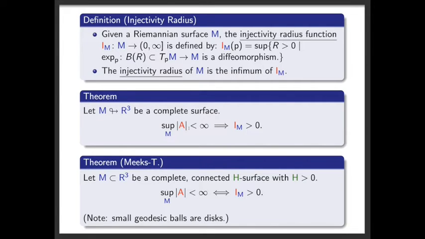Meeks and I proved that if M is a complete connected H surface with H bigger than 0, then having bounded second fundamental form is equivalent to having injectivity radius bounded from below. One implication is fairly standard, so our work was in the other direction, and it follows because when you have injectivity radius bounded from below, then small geodesic balls are disks, and then you can apply our curvature estimate for H disks.